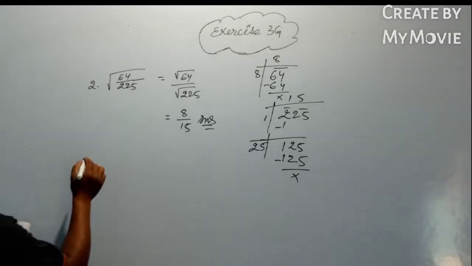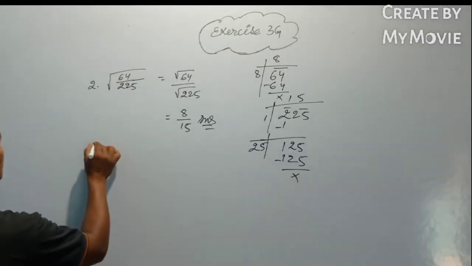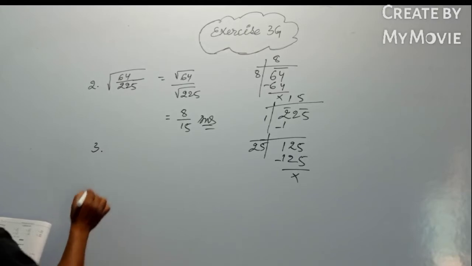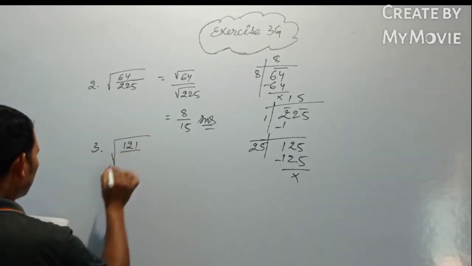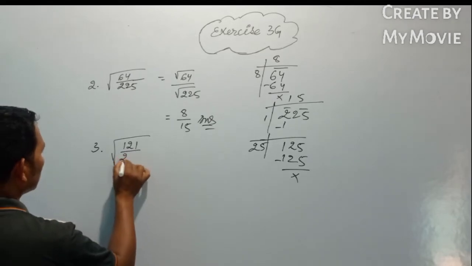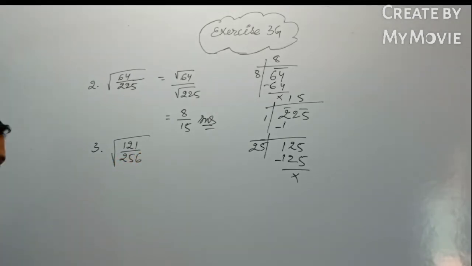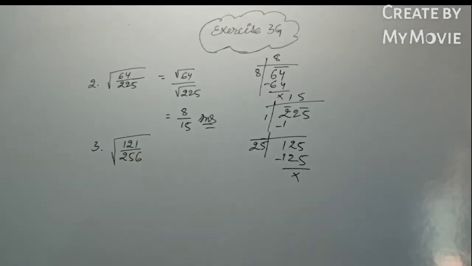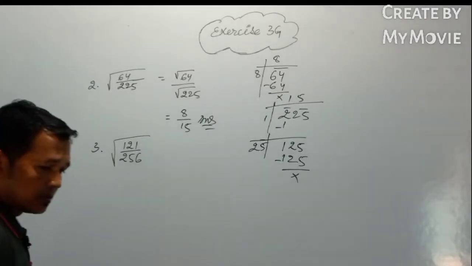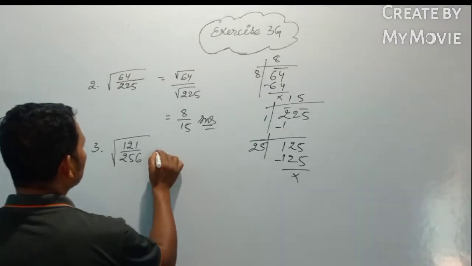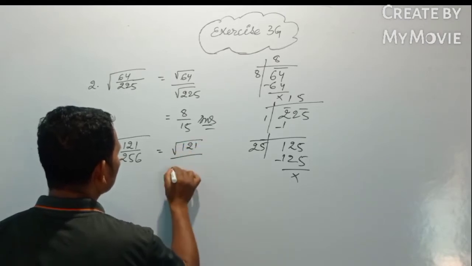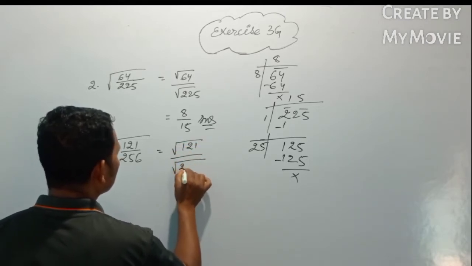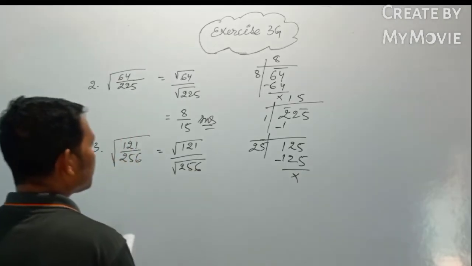Question number 3. Square root of 121 upon 256. This will be equal to square root of 121 upon square root of 256.